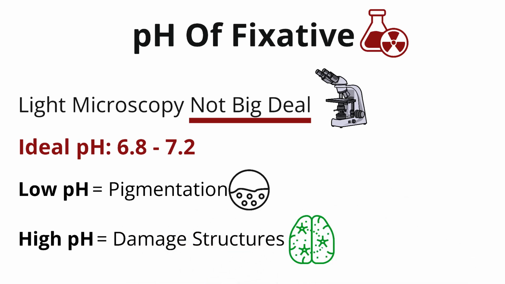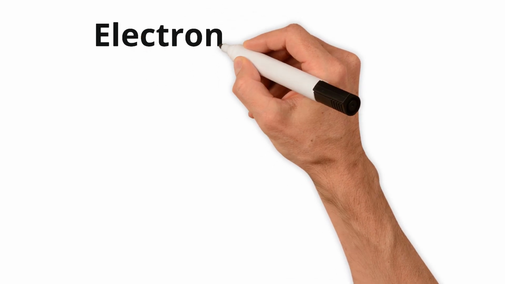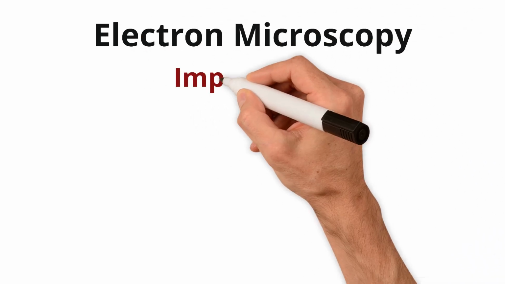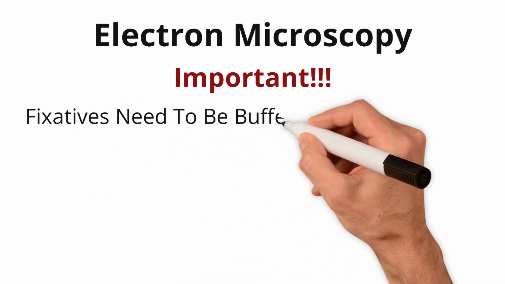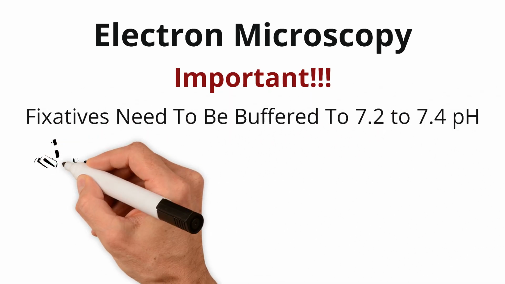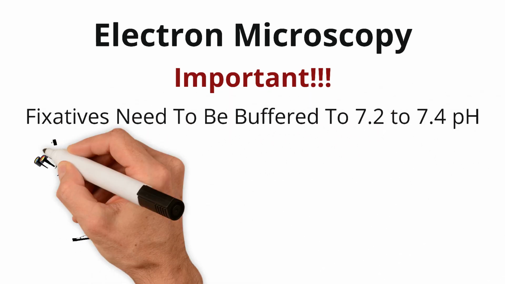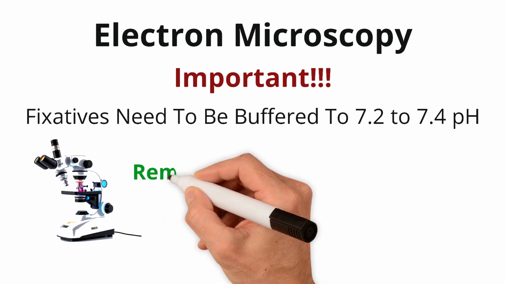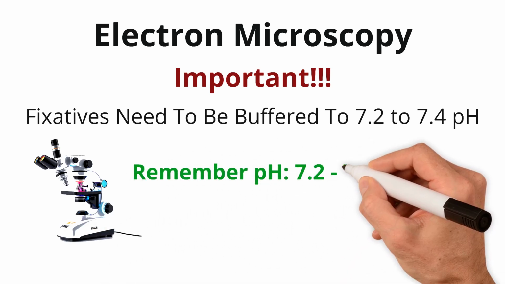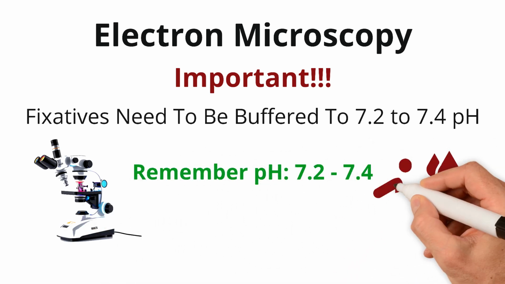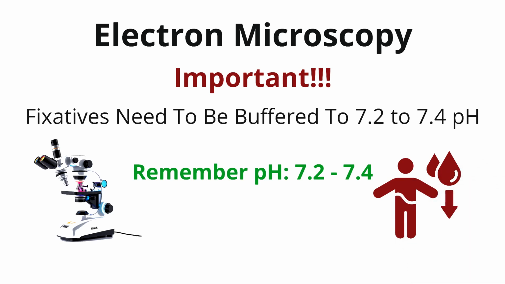However, for electron microscopy, pH is very important. If you are trying to preserve ultrastructural details like membranes or organelles, the fixative needs to be buffered to a pH of 7.2 to 7.4, which is close to the natural pH of body fluids.